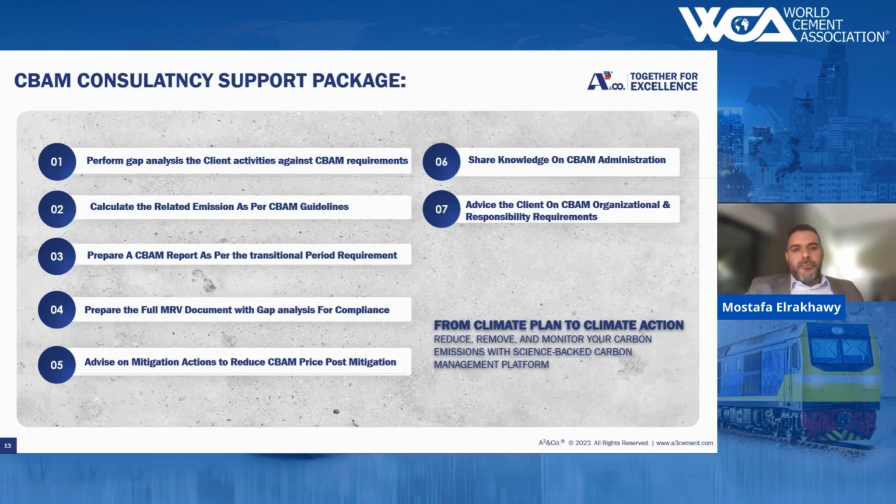We prepare CBAM reports for the transitional period requirements, prepare the MRV document, and advise on mitigation actions to reduce the CBAM price post 2026, including project support, identifying each project's capex and opex and its impact on CO2 abatement as well. We also share some knowledge on CBAM administration with our clients, and advise our clients on CBAM organizational and responsibility requirements.